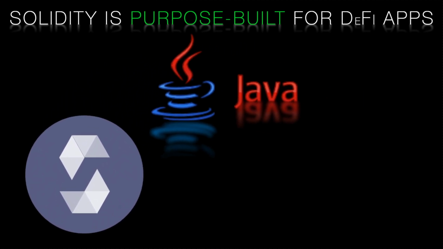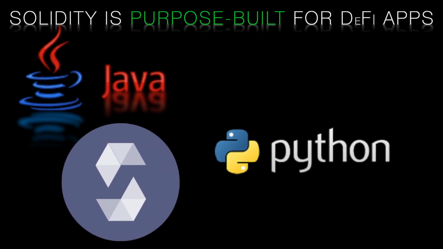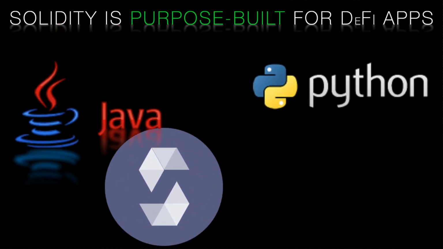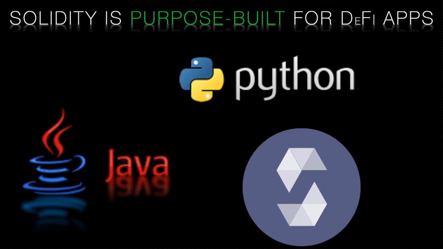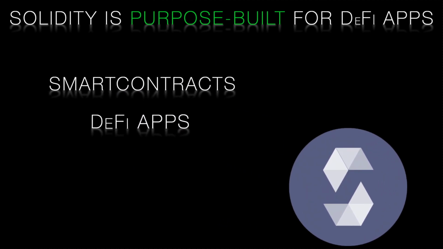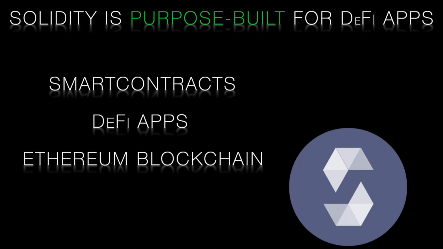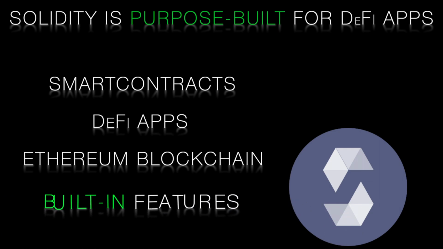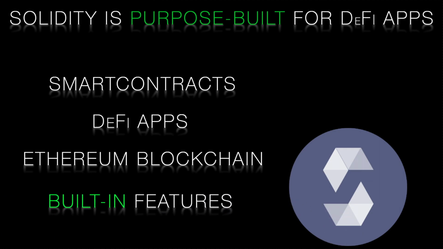Solidity doesn't pretend to be a general purpose programming language like Python or Java. It is specifically designed to allow development of smart contracts to build DeFi apps on the Ethereum blockchain. Consequently, there are some really useful features that are built into the language to make it easy to use for DeFi apps. We will explore these in the remainder of this video.